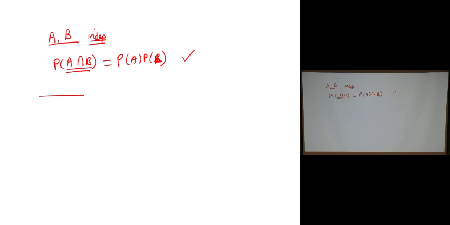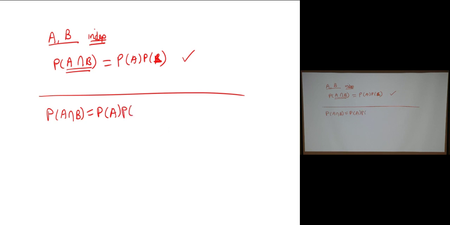So the probability of A and B, do it step by step. A occurs first, and then times the probability of B occurring given that A has occurred. So that's one way to do it. A happens, and then look at the chance that B will occur if A has occurred.